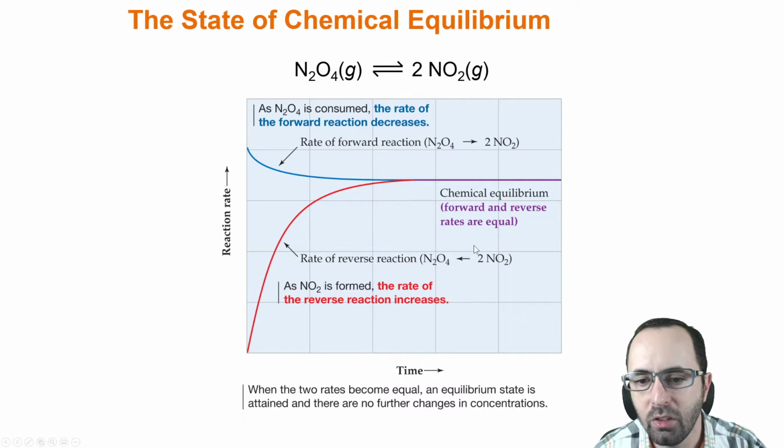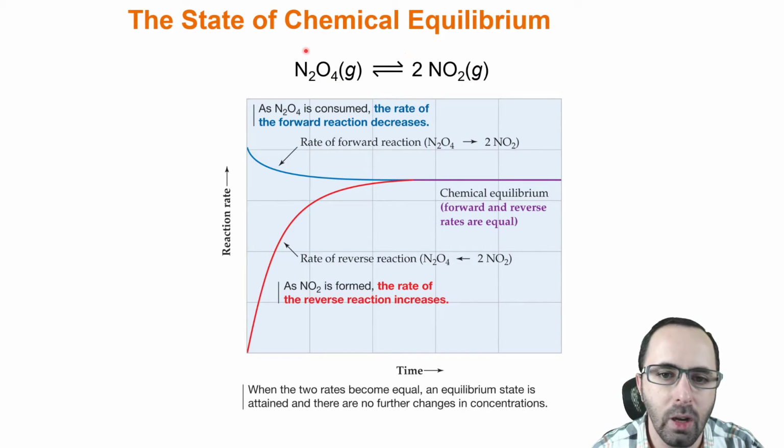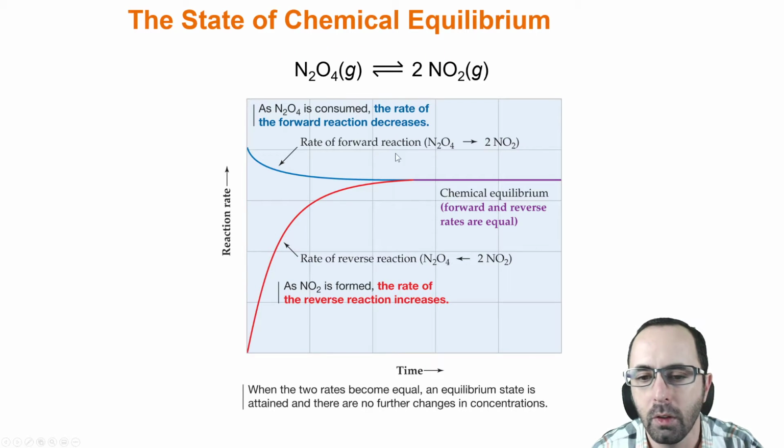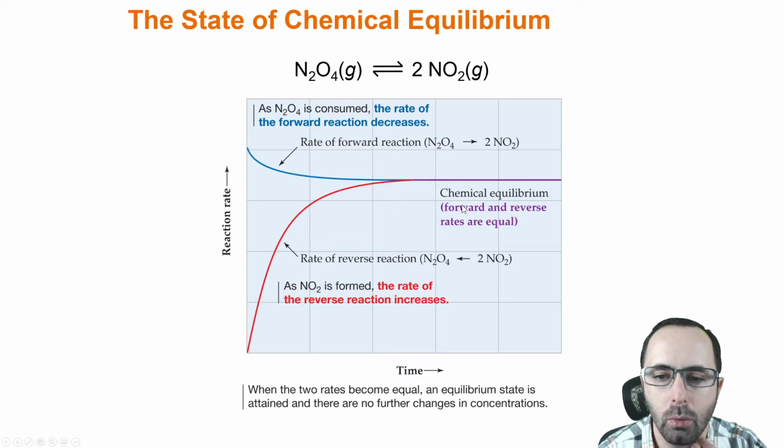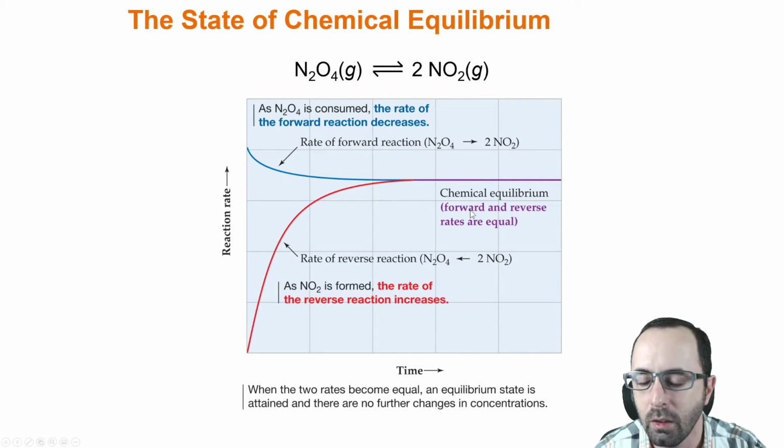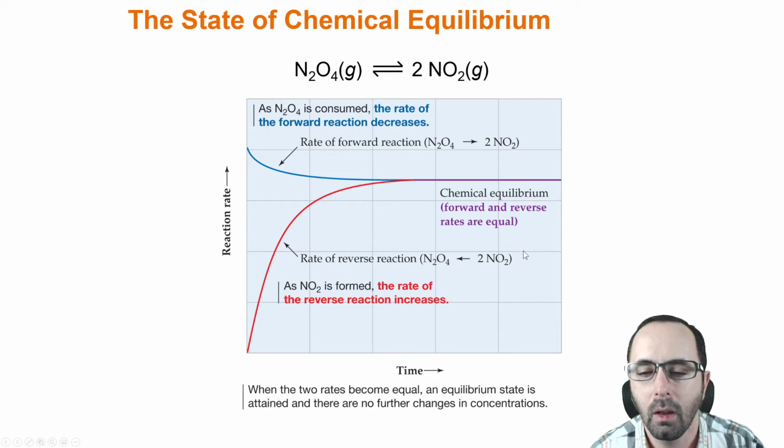Even though they are changing, it's just you're getting the products being produced at the same rate that they're being consumed in the reverse reaction, and so there is no net change in the amount of products or reactants, even though the forward and the reverse reaction continue to go. It just means that they're going at the same speed, so the concentrations of the reactants and products are not changing.